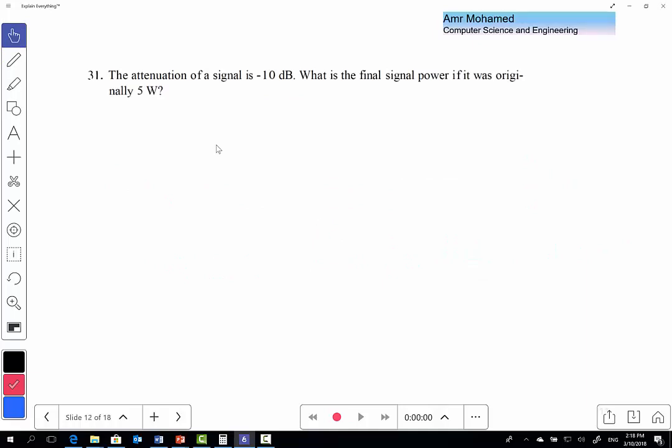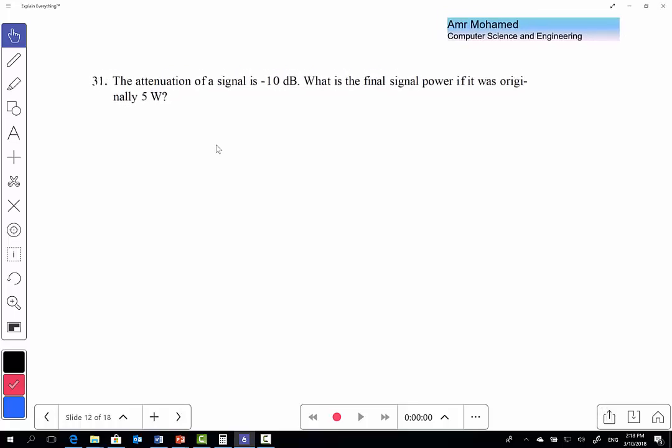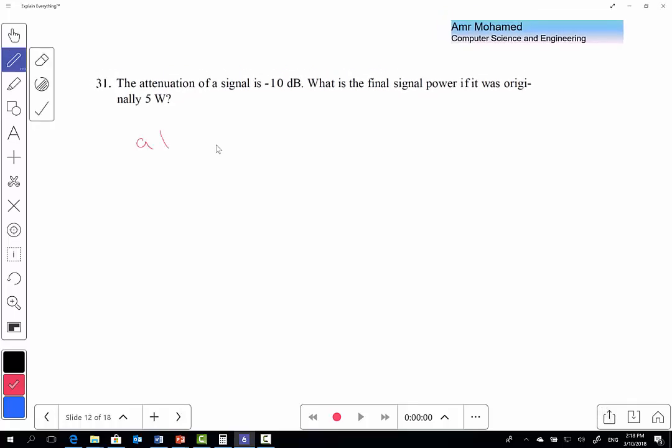Next, if the attenuation of a signal is minus 10 decibel, what is the final power if the original signal was 5 watt? So we know that the attenuation equals 10 log 10 of P2 divided by P1.